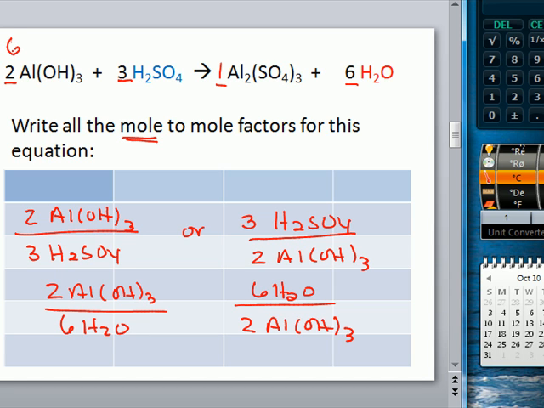Also, if we happen to start with 6 molecules or 6 moles, we would need 9 molecules or moles of sulfuric acid, 3 molecules of aluminum sulfate would be generated, and 18 molecules or moles of water would be generated. So that's what we're looking at with these factors. You've got the same ratio. A 2 to 3 ratio is the same ratio as a 6 to 9 ratio.